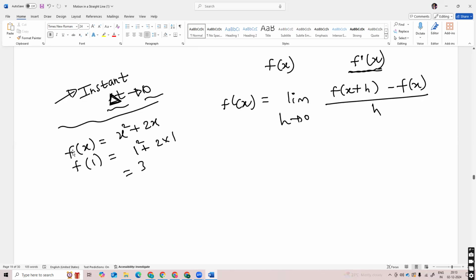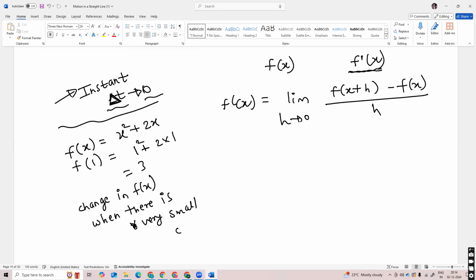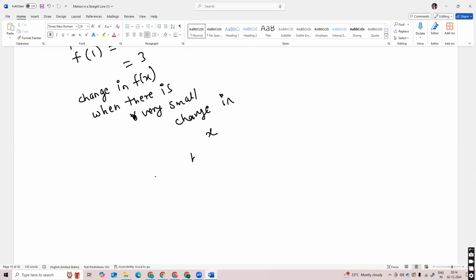It means we are finding what is the change in f of x when there is a very small change in x. Therefore we are taking h as h tends to 0.